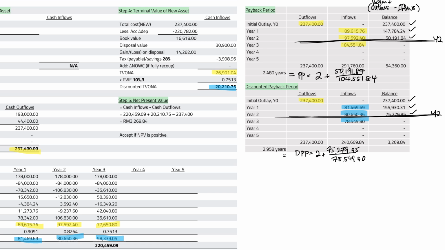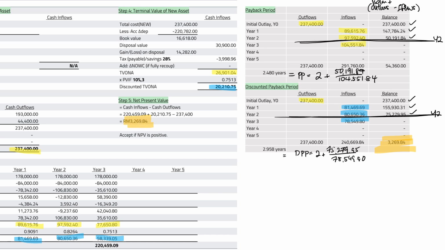Now let's look at the interesting relationship between NPV and DPP. If you take all the outflows for DPP and then compare it against the total inflows, you will get 3,200, which is interestingly the same as the net present value.